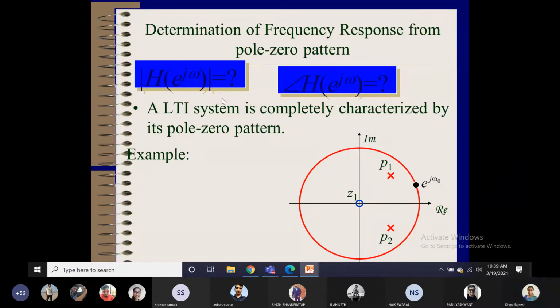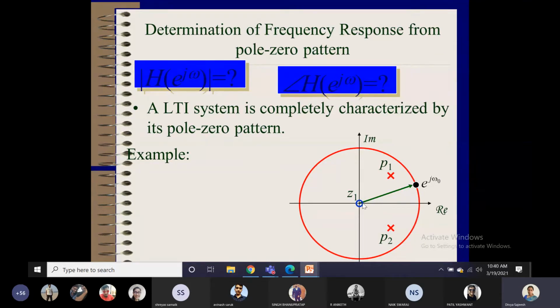So the magnitude can be obtained by measuring the distance of the zeros to the unit circle. Where are your zeros located? Now in this case the zero is located at the origin.